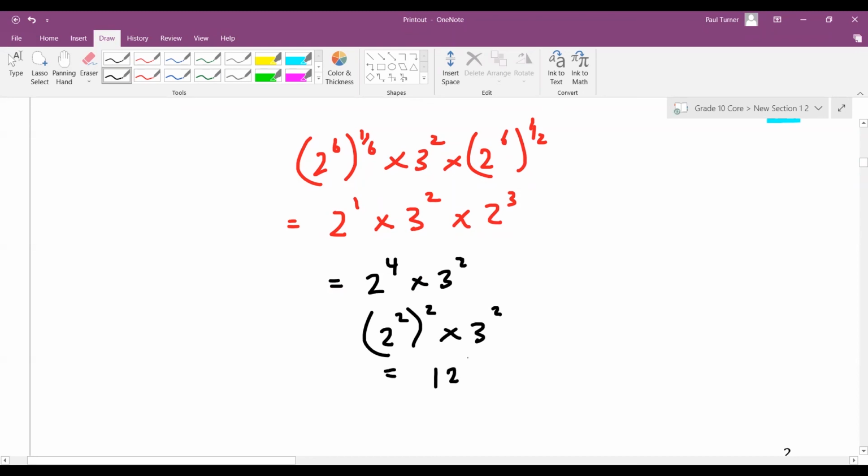That's going to give you 12 squared. That's another way. That's probably better because it's got one base for that one there. So you could write it like that, but then I simplified this bit here. And this is 4 times 3, which is 12 power 2. So you could get to that answer there.